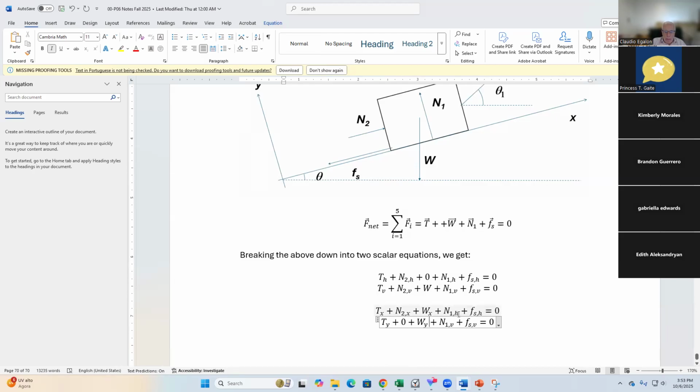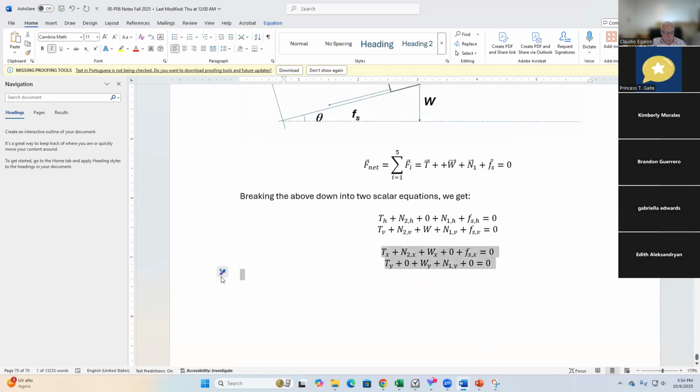The normal number 1 is not going to have a X component, right? The X component of normal number 1 is going to be 0. And normal 1, the Y component is going to be equal to normal 1. And finally, the force of static friction is going to have only an X component, but it's not going to have any Y component whatsoever. Here you go.